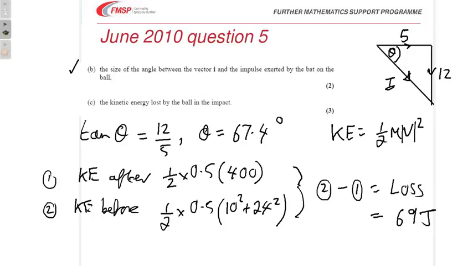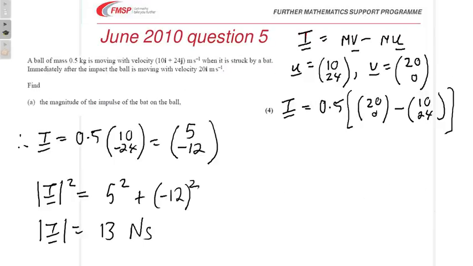So that question was worth, let's go back to the first part. The question was worth a total of 9 marks, 4 marks for the first part of the question. And those 4 marks consisted of basically 2 method and 2 accuracy marks.